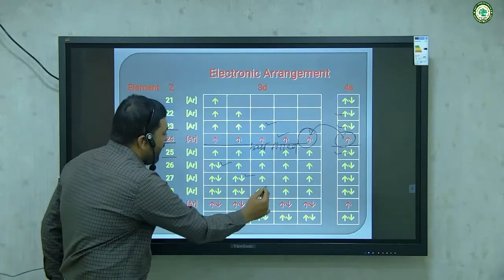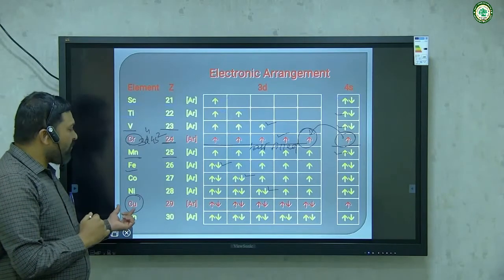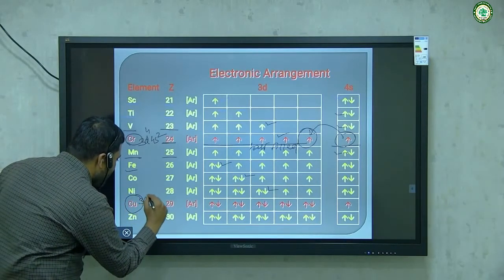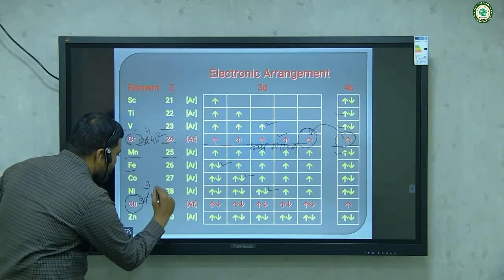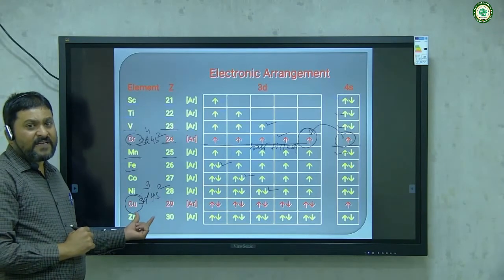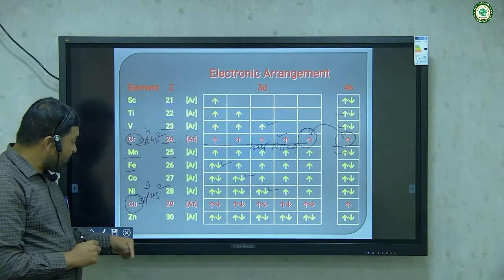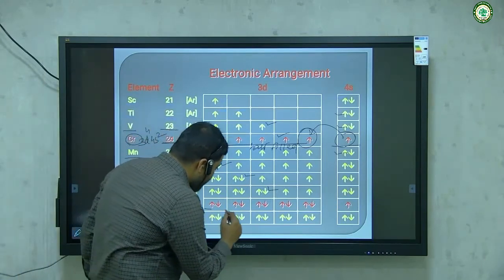In case of nickel, 3d8. In case of copper, we have to expect the electronic configuration 3d9 and 4s2. It is the expected electronic configuration. But here we observed the electronic configuration is what? Here the 3d subshell is completely filled.